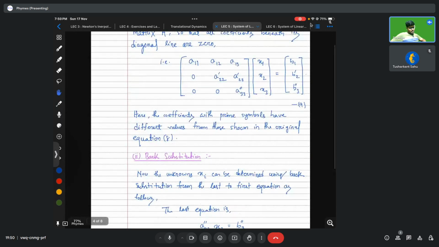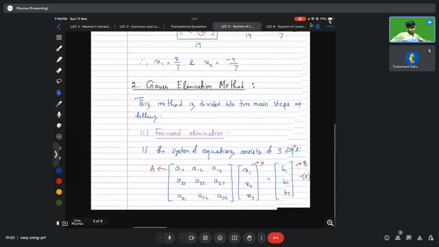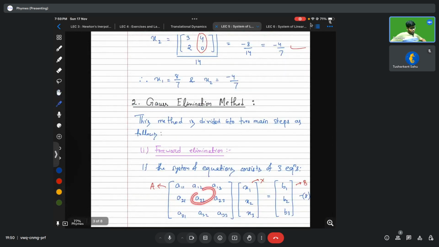And why are there these dashes here, this single dash and double dash? Because the elements will change. Here, as you can see, the elements were a22, a23 and a33. But when we carry out this method of forward elimination, the elements are going to change.